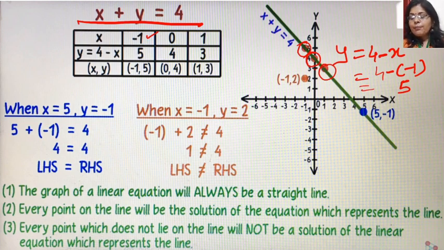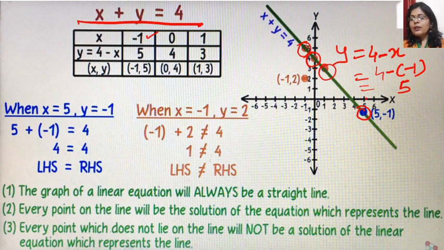We got LHS equal to RHS. See, this is 5, the value of x is 5 and the value of y is minus 1, and this also lies on the line. So when LHS is equal to RHS, it will necessarily be on the line. And the second one is x equal to minus 1 and y equal to 2.